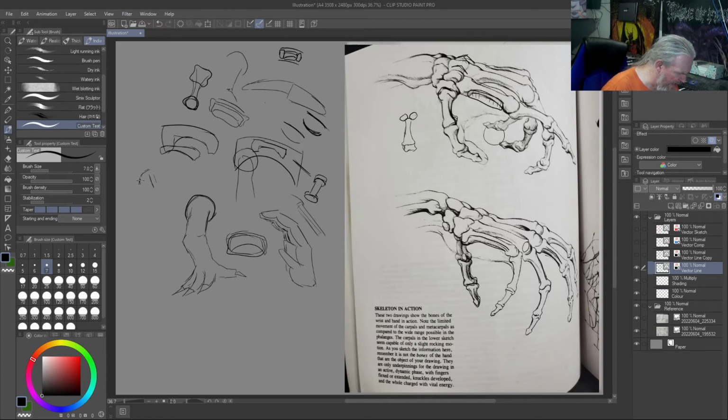Female hands don't have such defined knuckles, but they still have that same basic thing: the middle finger is the longest, the index finger and the ring finger are about the same length, and the little finger is substantially shorter, and the thumb lines up about right with the bottom of the first knuckle. So you get kind of this thing going on.